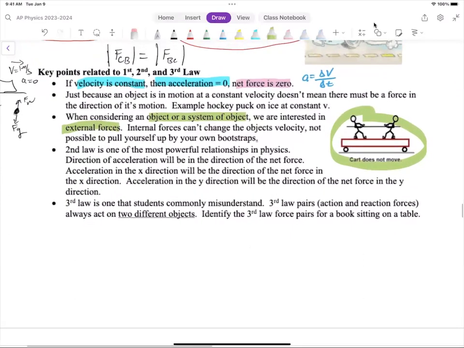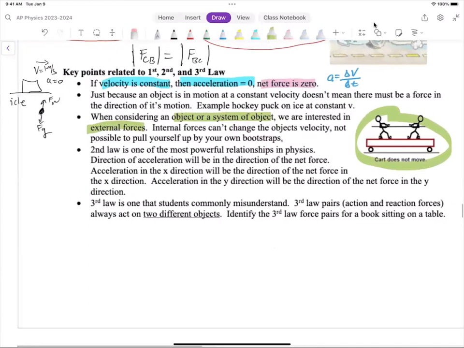All right, next point. Second law is one of the most powerful relationships in physics. The sum of the forces is equal to mass times acceleration. I can sum the forces in the x. I can sum the forces in the y. I could sum the forces in the third dimension, which you have not done, which is z. But don't forget, if you determine the acceleration in the x direction is positive, then the net force in the x direction must be positive.